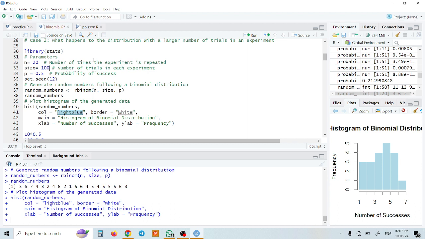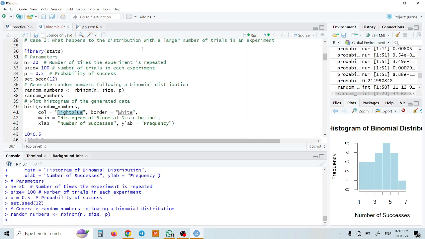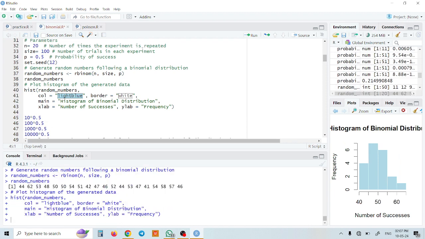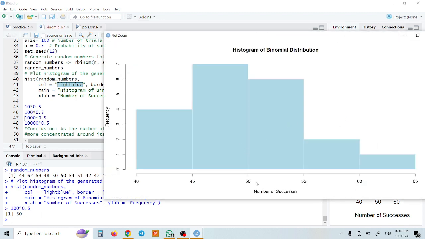Let's say we take 100 trials, experiments are 20. We are increasing the number of trials in each experiment, and now let us run this again and see the distribution, okay. Now if the trials are 100 and the probability is 0.5, the mean is np, that is n into p, so 50.